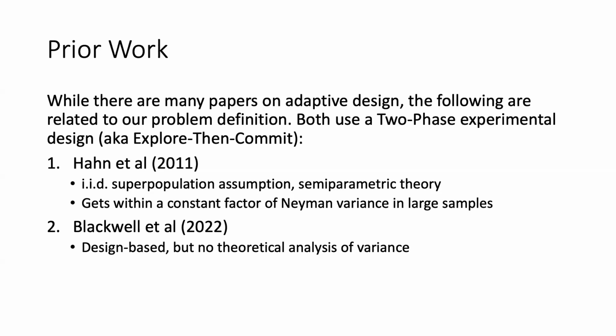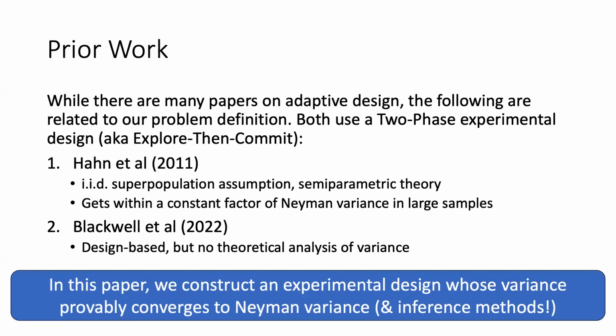It's more running simulations and arguing about good results that practitioners should use. And so the main contribution in this paper is that we're going to construct an experimental design whose variance will provably converge to the Neyman variance, and we'll develop inferential methods that will take advantage of this as well. So that's the main contribution here.